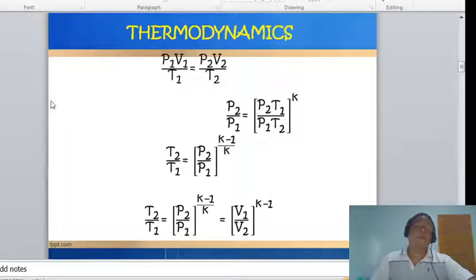So this is the first equation in the PVT relation. For the ratio of the temperature, that is P sub 2 over P sub 1 raised to k minus 1 over k equals V sub 1 over V sub 2 raised to k minus 1.